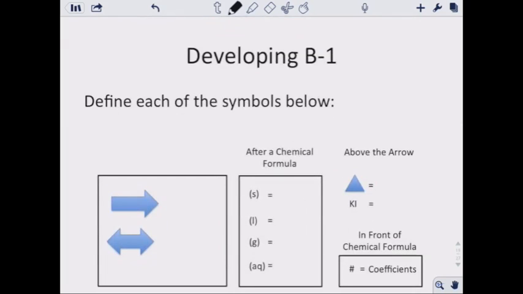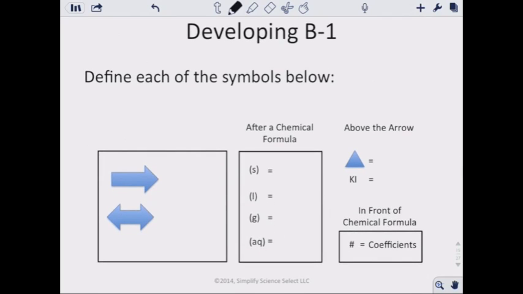So let's practice this. The number one thing we need to understand are the symbols. What do they mean? So let's define each one of these. Remember that just the regular arrow means to yield or to produce, or it could be to form. The double arrow means that it exists in equilibrium, which just means it's a reversible reaction.